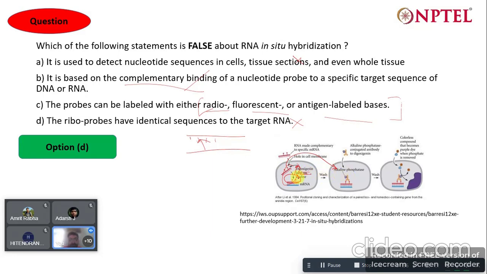A specific antibody is added that binds to this probe, specifically to digoxigenin, and helps us recognize where this mRNA is present. After that, a color substrate is added. This antibody is linked to an enzyme that converts a substrate to a chromogenic product that is identified by the color. That increases the sensitivity of the assay. So this is how RNA in situ hybridization is done.